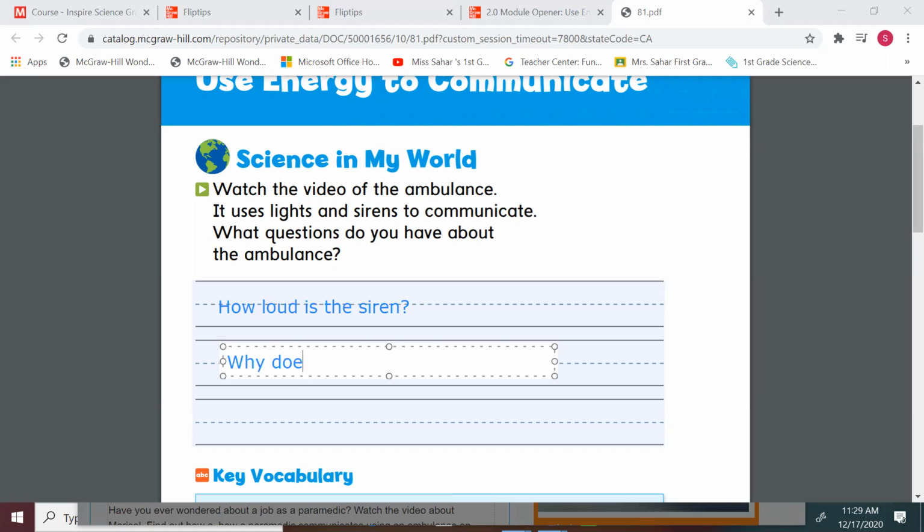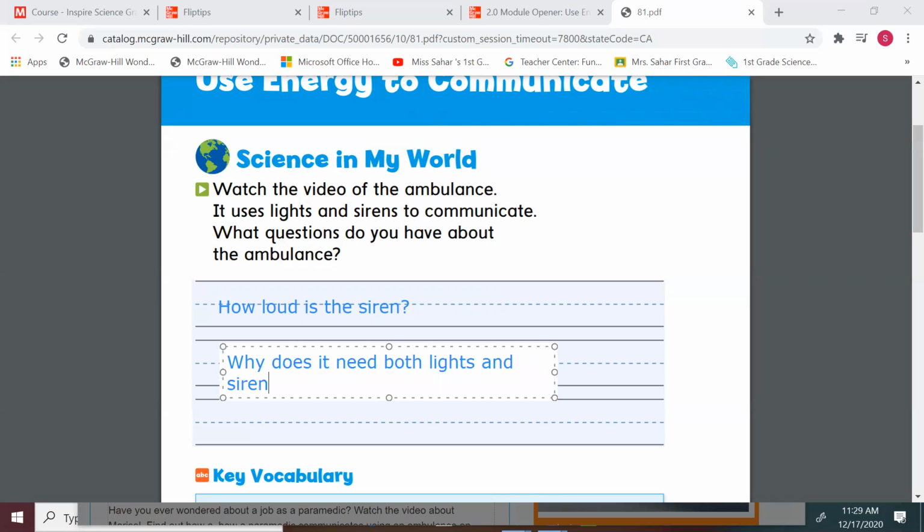Why does it use both lights and sirens? So this is an emergency service like the ambulance that uses loud sirens and also flashlights.